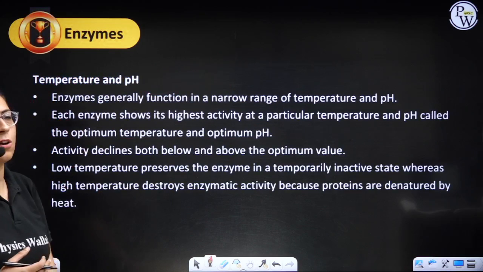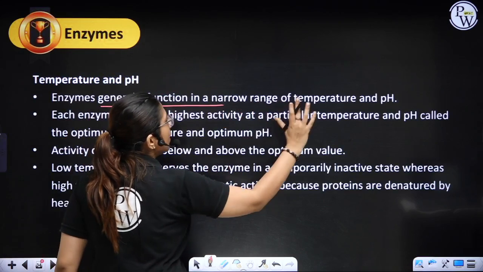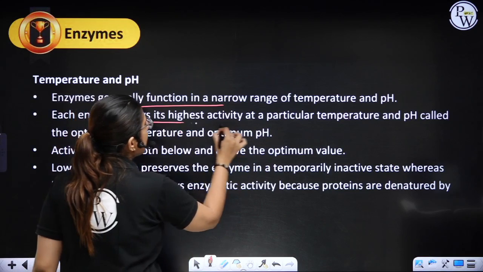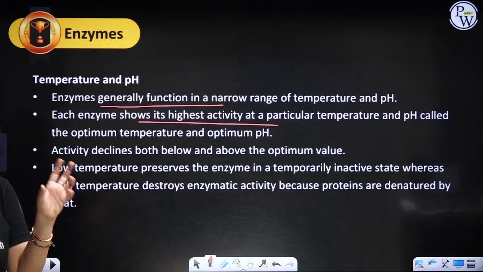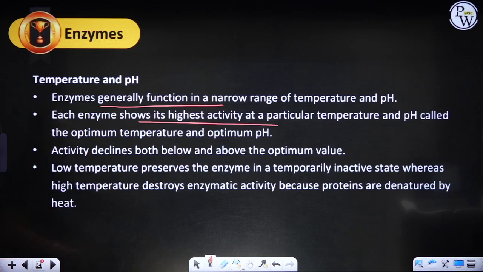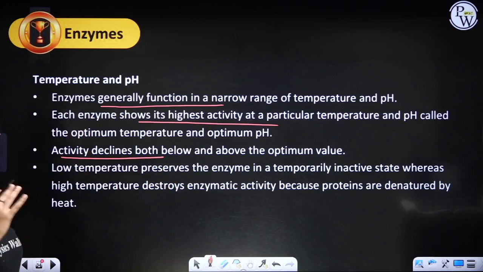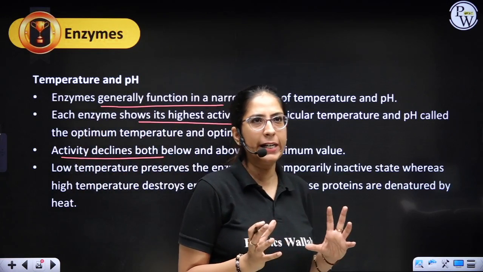First of all, let's talk about the temperature and the pH. Enzymes generally function in a narrow range of temperature and pH. Each enzyme shows its highest activity at a particular temperature and pH, which is termed its optimum temperature and optimum pH. Clear? Activity declines both below and above the optimum value. So if the particular temperature is not provided, what will happen?